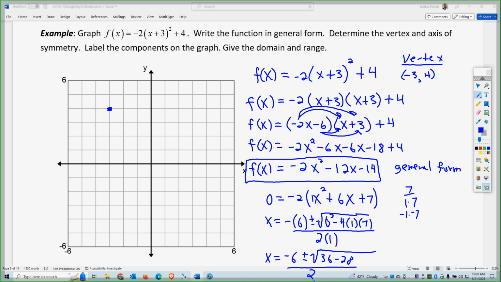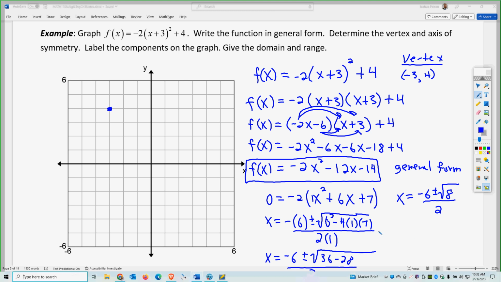Okay, so essentially, we'll get rid of this extra stuff over here we don't need. x equals negative 6 plus or minus the square root of, so let's see, that's 8 over 2, right? So we'll bring up the calculator here real quick.